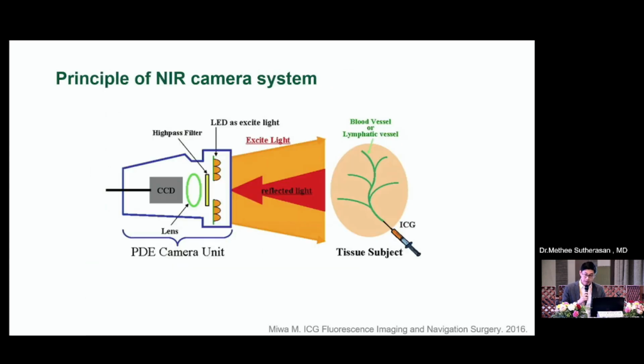The camera unit produces light, and after the light is reflected from the ICG, it can detect it.